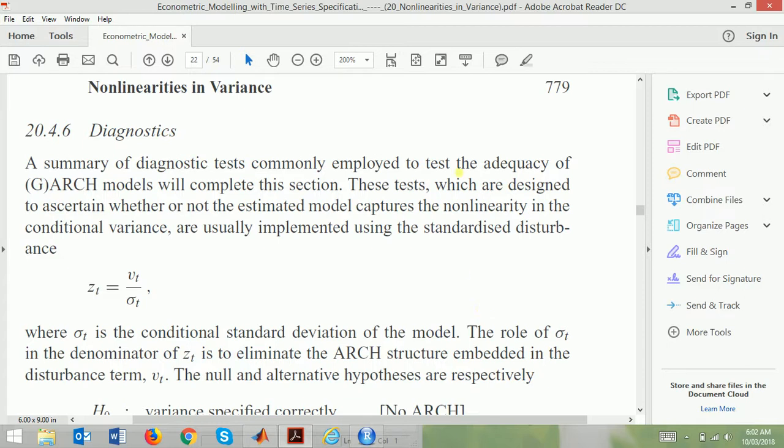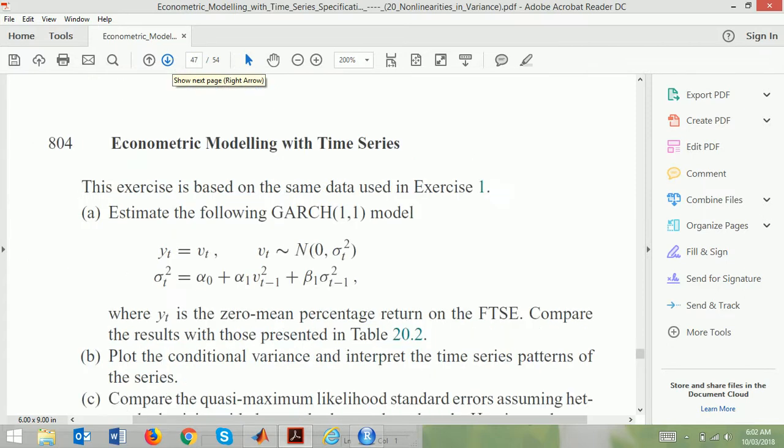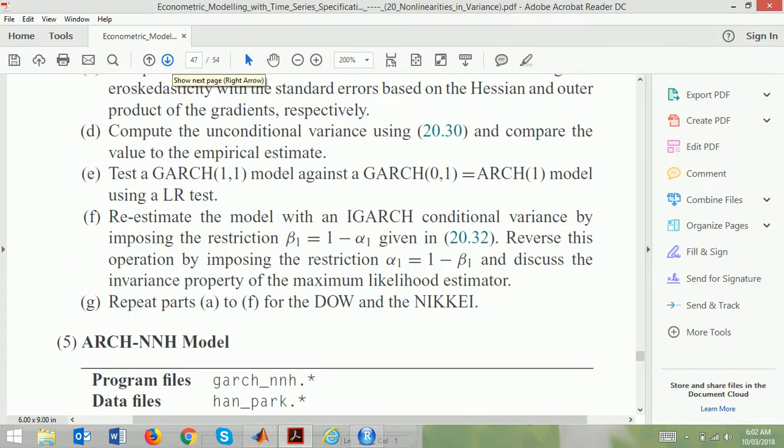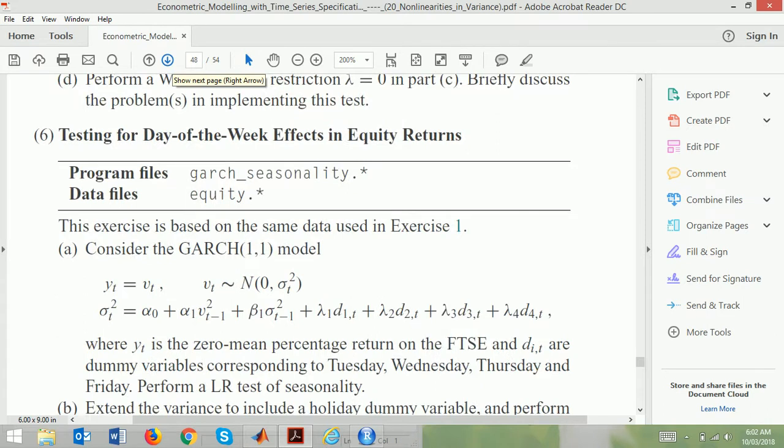Let's see how this goes. We are back on page 22, but before that let's go to page 47, where we have the day of the week effect in equity returns.